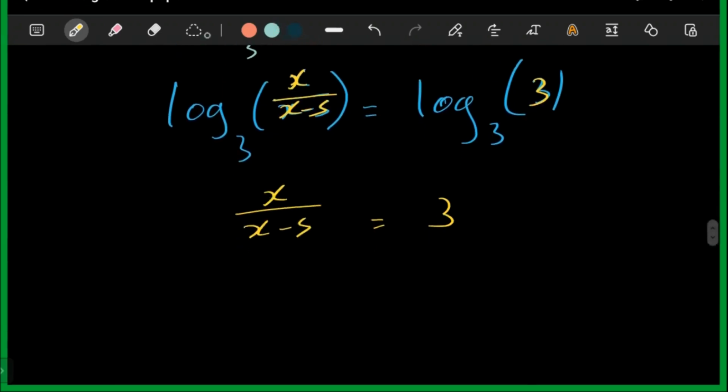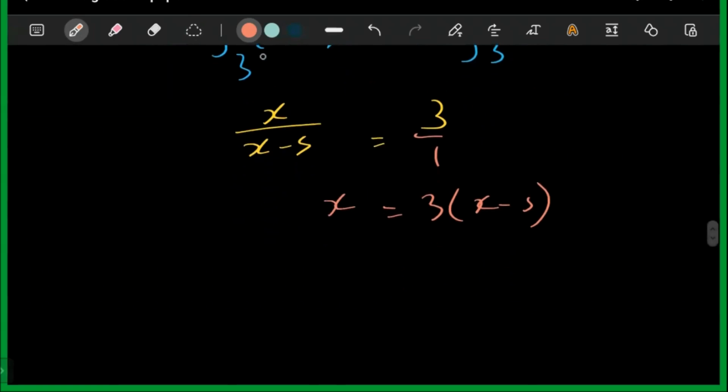So you're going to have here 3, and then x over x minus 5. Now you can do that whole cross multiplying thing that we were about to do. So this times the 3, it's like 3 times x minus 5. 1 times x is x. And then let's multiply inside here. 3 times x is 3x, 3 times negative 5 is negative 15. 3x minus x is 2x, and then 15 there.